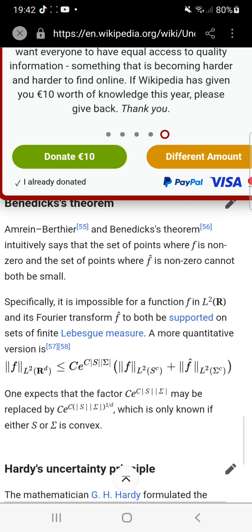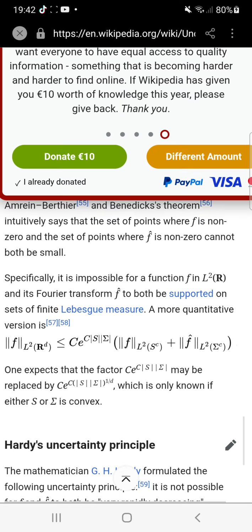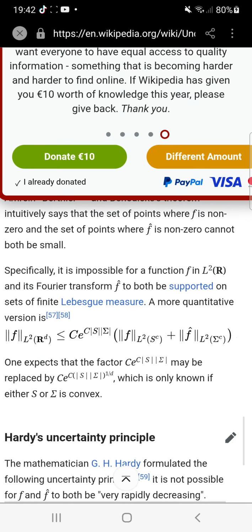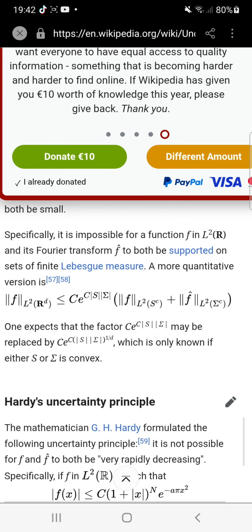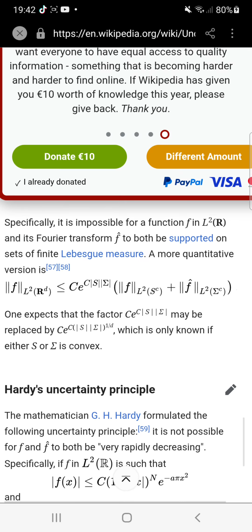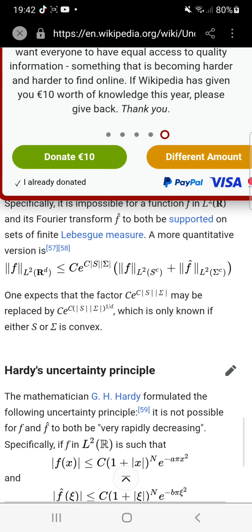Benedicks' theorem. The Amrein-Berthier and Benedicks theorem intuitively says that the set of points where f is non-zero and the set of points where f hat is non-zero cannot both be small. Specifically, it is impossible for a function f in L squared of R^d and its Fourier transform f hat to both be supported on sets of finite Lebesgue measure.